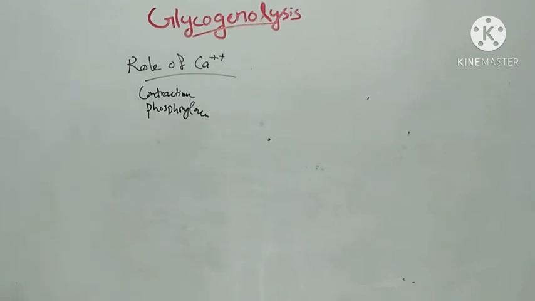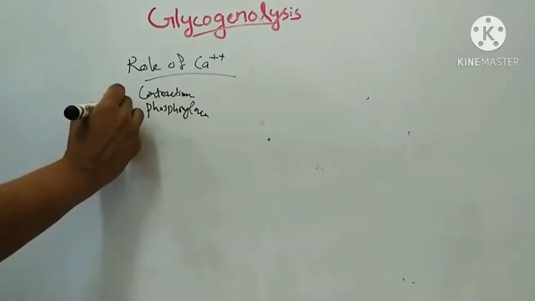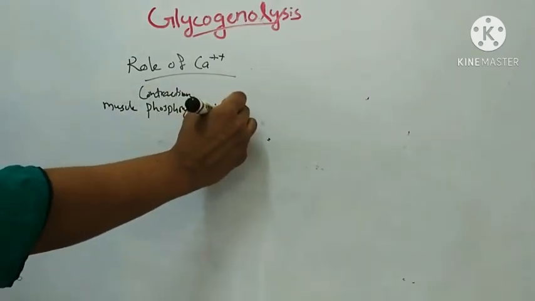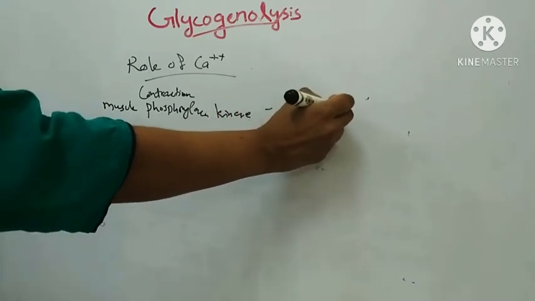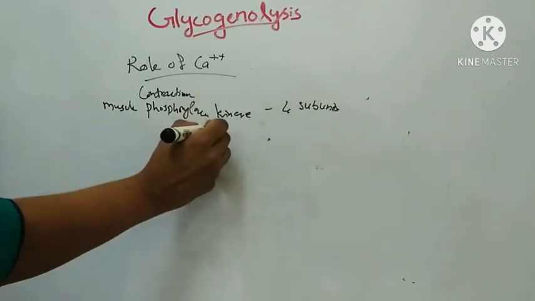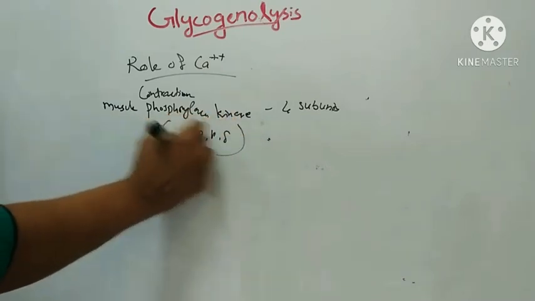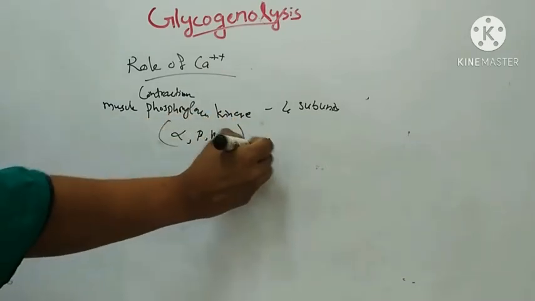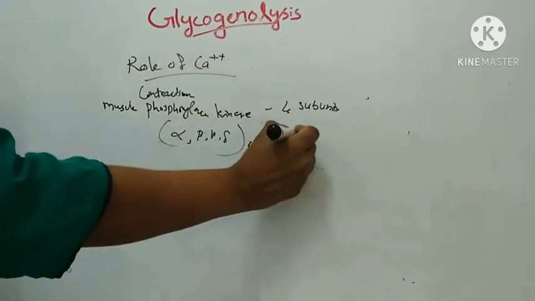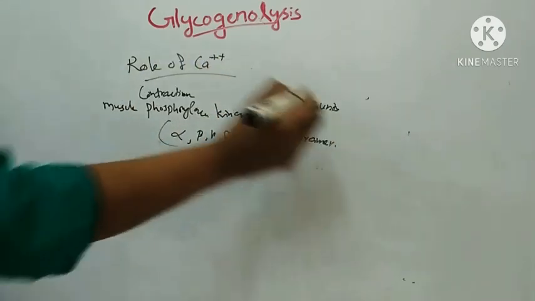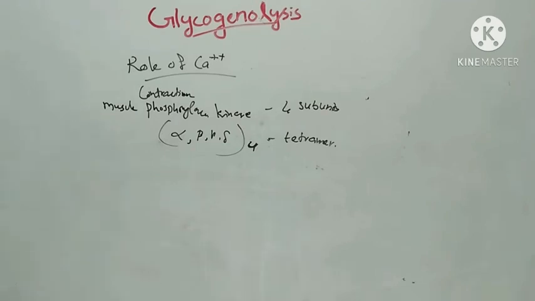Muscle phosphorylase kinase has 4 types of subunits, alpha, beta, gamma and delta. We can represent it as alpha, beta, gamma, delta 4 times, so it is a tetramer.